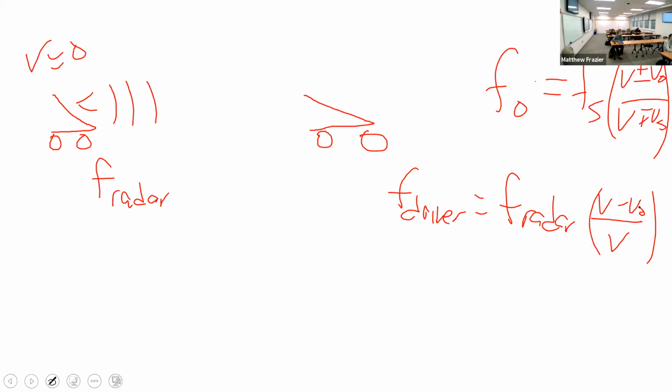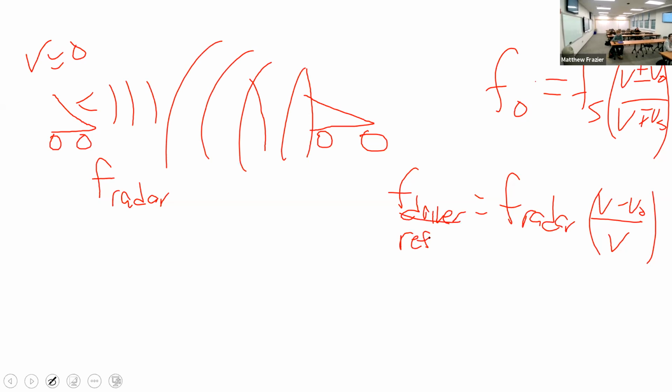But then what happens is the cop has to get the information back on the radar gun. It has to figure out how fast you're going. So as this long wavelength hits you, it reflects. And so this is really the reflected.